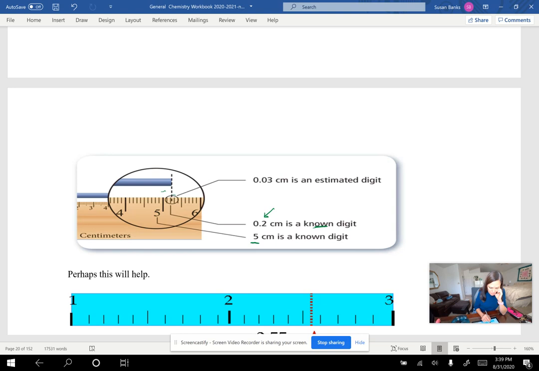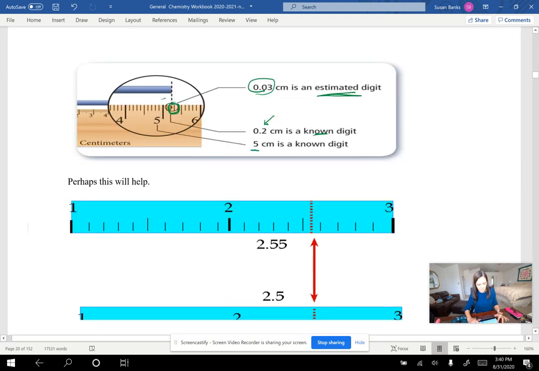But in between that 2 and that 3rd millimeter, I don't really know exactly where it's falling. I think it's closer to the 2 than it is the 3. So I'm going to estimate this as 0.03. That is an estimated digit. Where we don't have markings and we have to guess in between markings, that is where we have to make our estimated digit. And remember, we can only make one estimated digit.